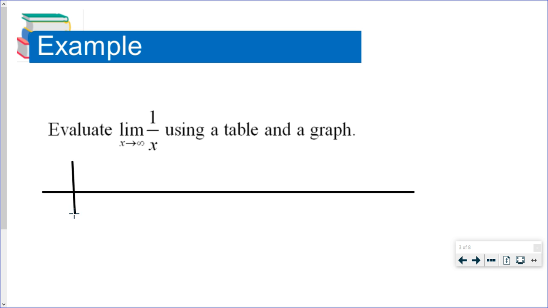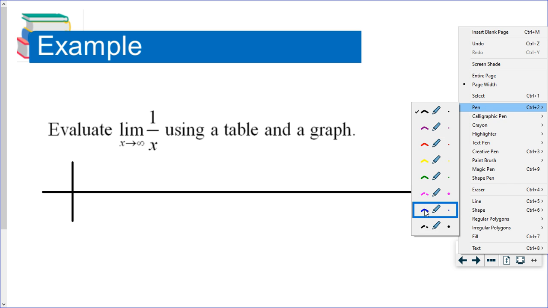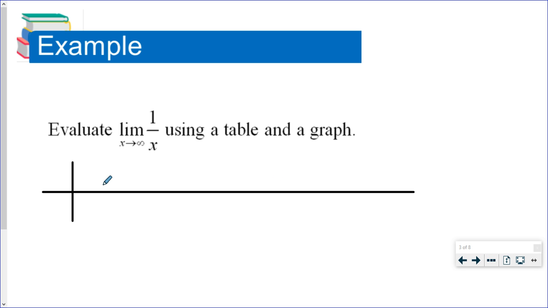Now typically when we do a limit, we have to put whatever x is approaching in the middle, right? Because typically we have to come at it from both sides, from the left and from the right. Well, can we really do that with infinity? Can we come at infinity from both sides? No, right? Infinity is as far to one side as possible.